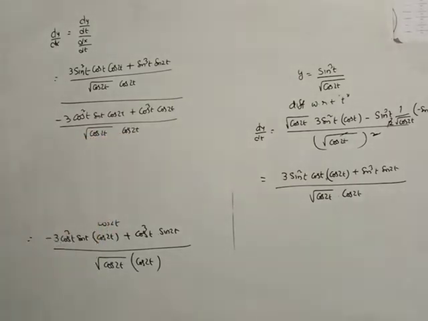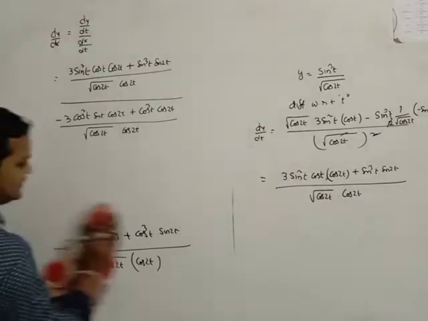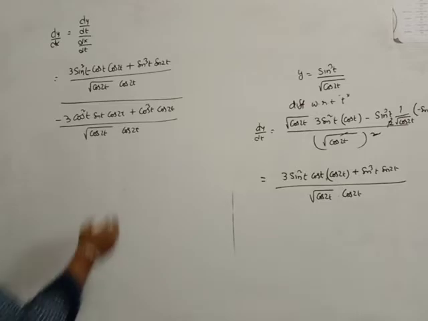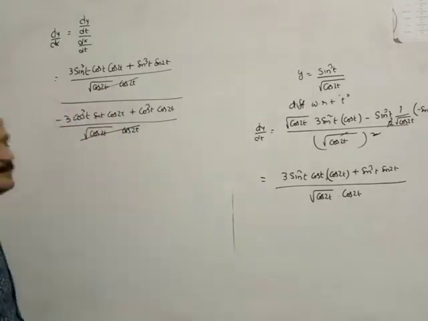Okay, this is the dy by dx. Now we need to simplify this one. What you need to do? First of all, these two are cancelled.